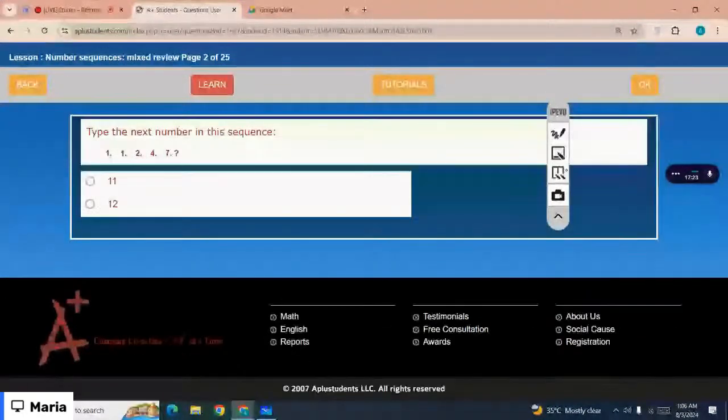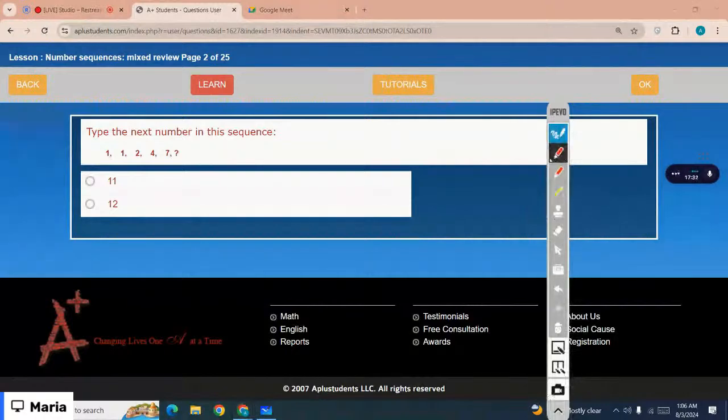Okay, the next one is type the missing number in the sequence. Okay, now you have to find the missing number. So let's just identify the pattern. What type of sequence it is and which is the next one.